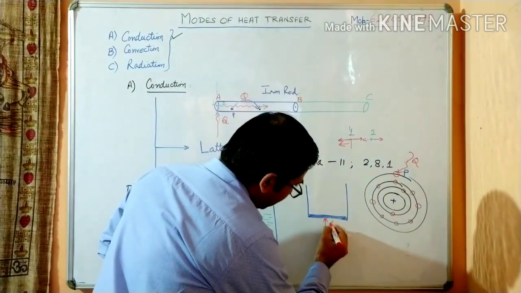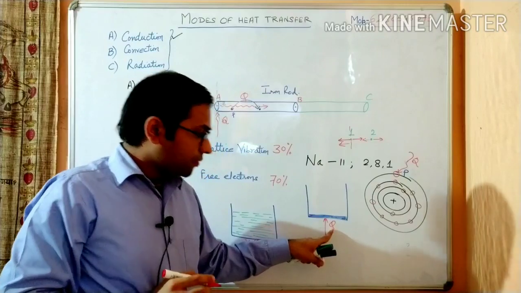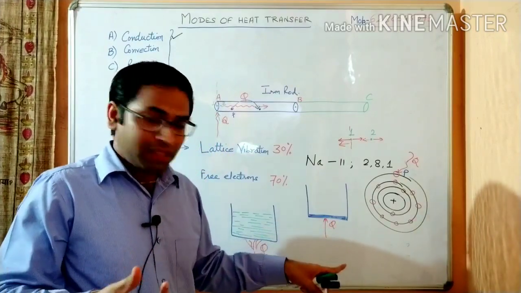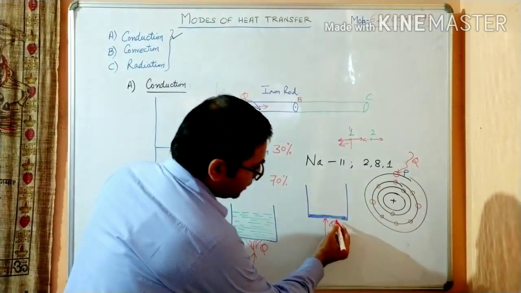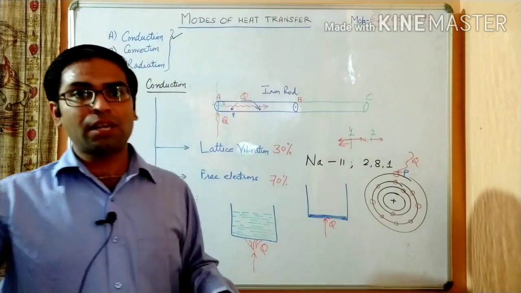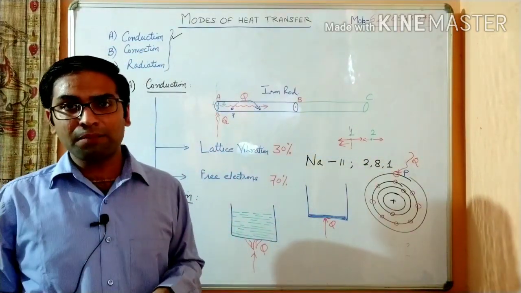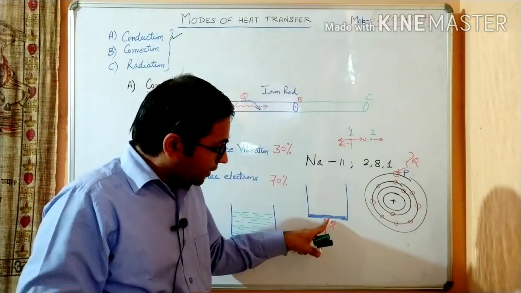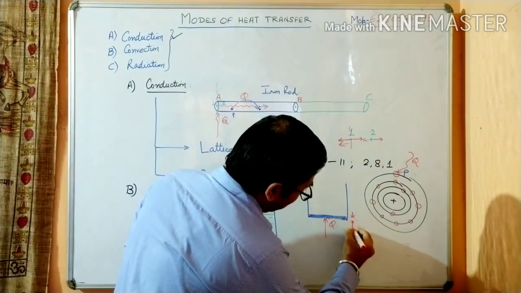When heat is supplied, the joules, that means the packets of thermal energy, strike upon the external surface, the outer surface of the material of which the utensil is made. Now see, this is a fine layer, a fine thickness of solid material.